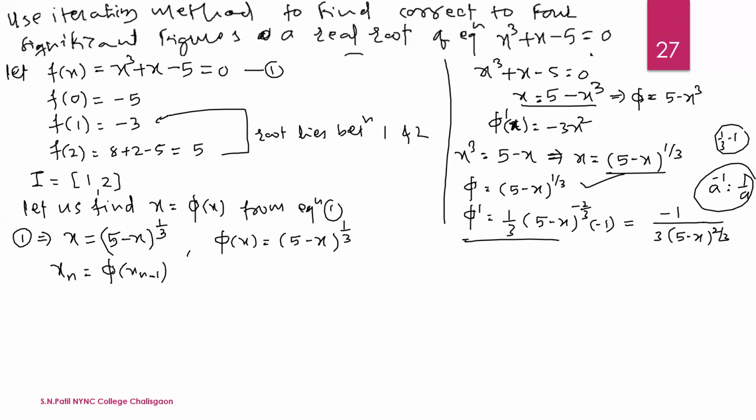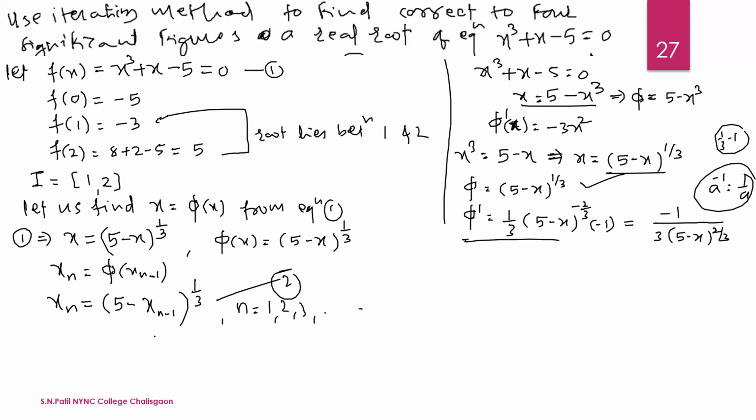It can be written as xn is equal to 5 minus, put x suffix n minus 1 instead of x, raised to 1 by 3, comma, n is equal to 1, 2, 3, and so on. Say equation number 2.